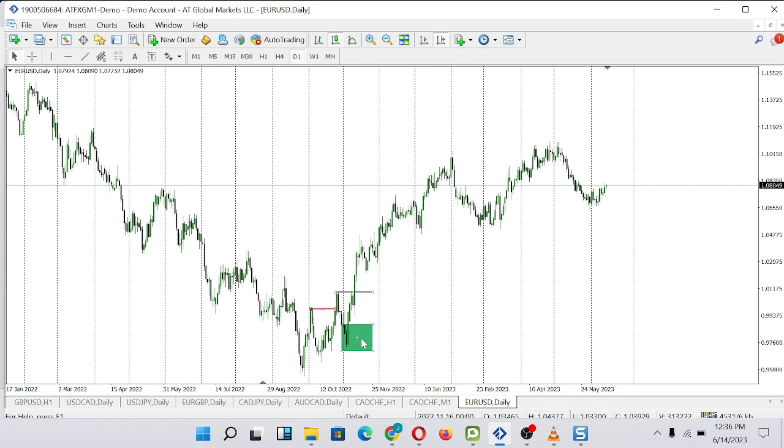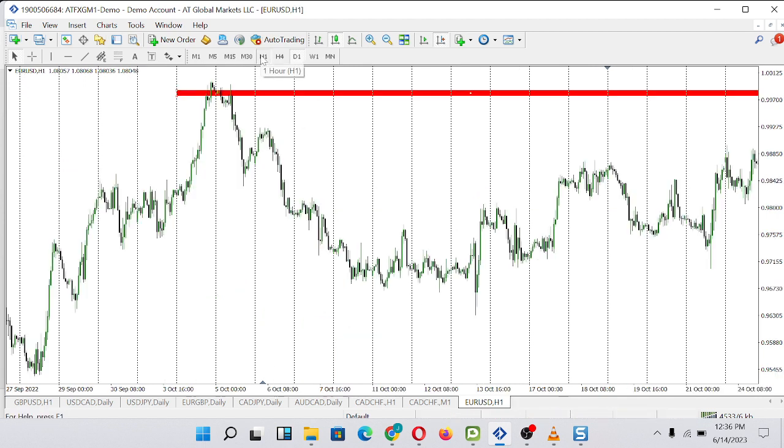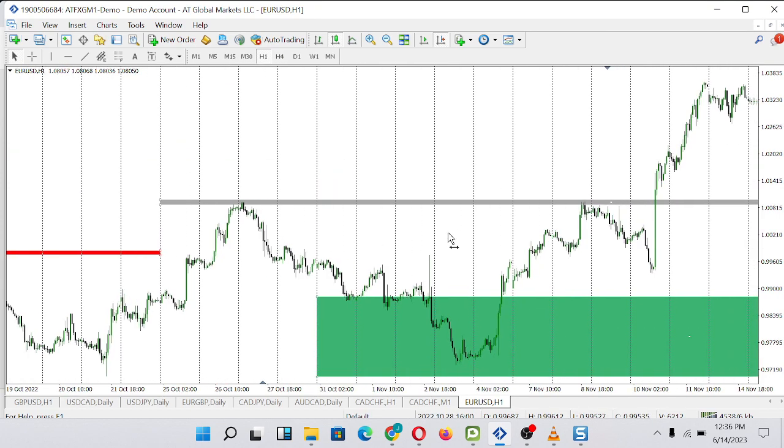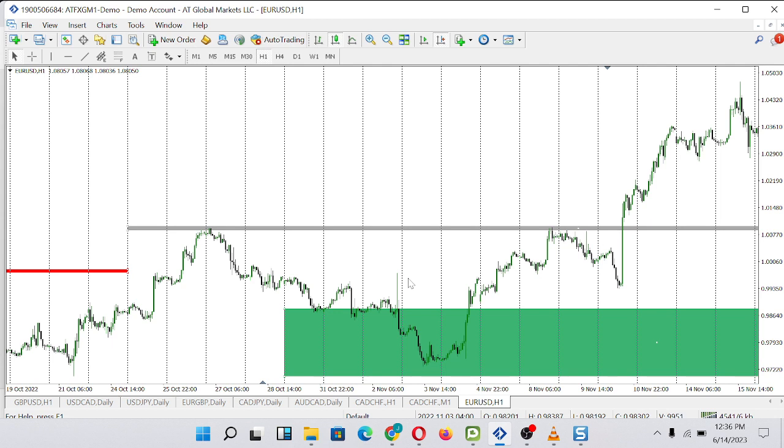If we mark this zone and go to our H1, now you see the structure is very sweet, right? Now, if you mark this zone and go to our H1, what do we see? This is our take profit. So we are trying to catch the reversal to ride it up. Okay, so let's start.